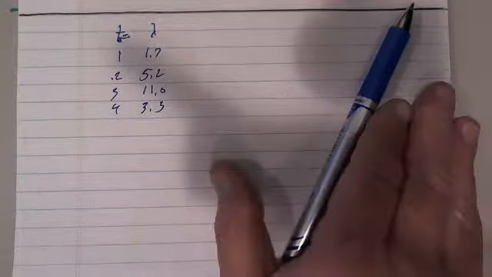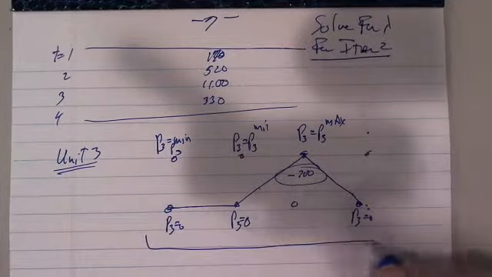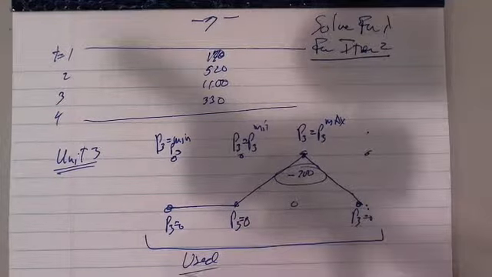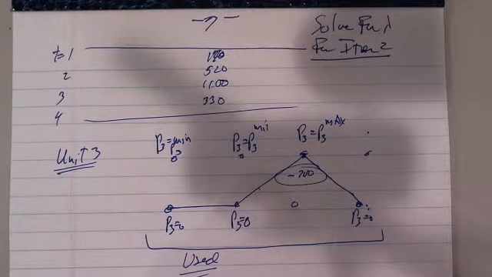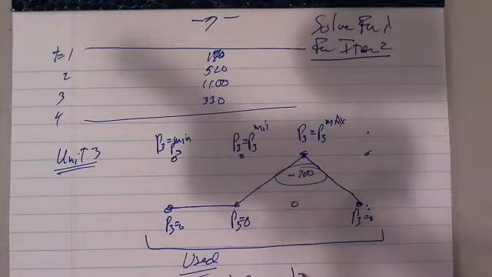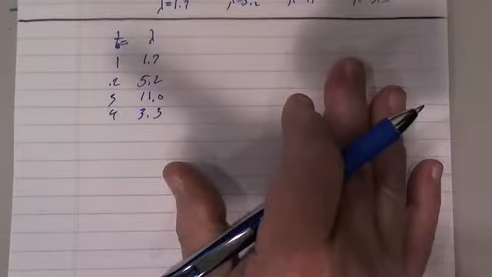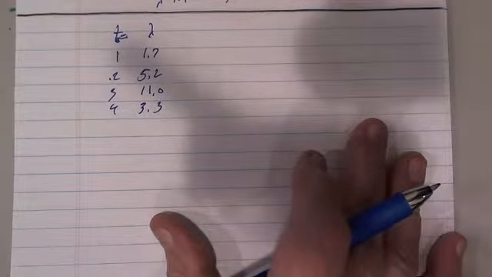And I have that alpha of 0.01. So now I have some lambdas, and when I did this solution up here, I used lambda equals 1.7, 5.2, 11, and 3.3. That's how I got that next set of solutions.